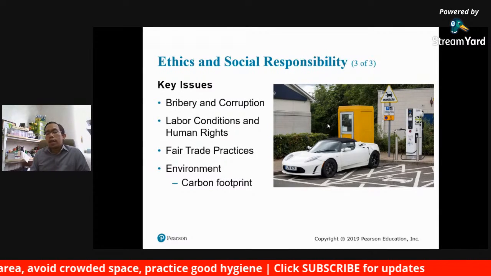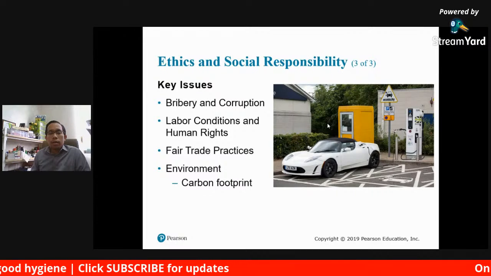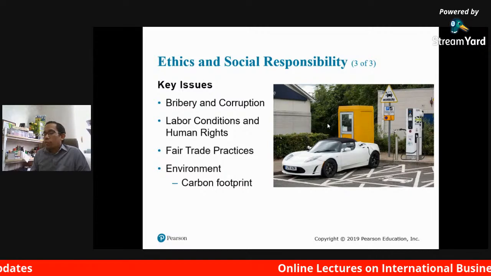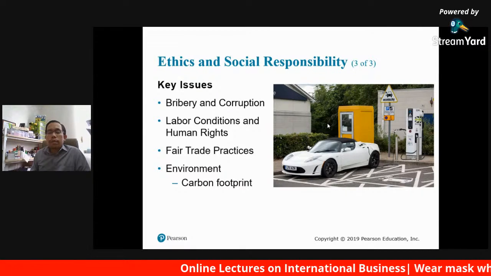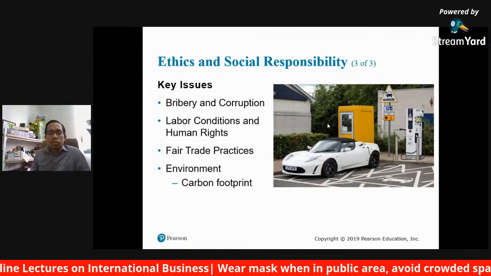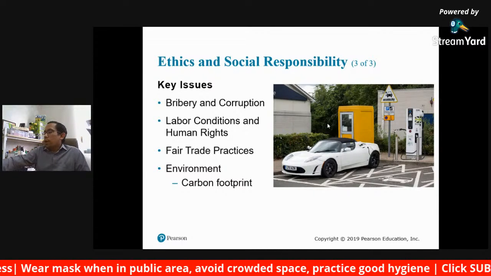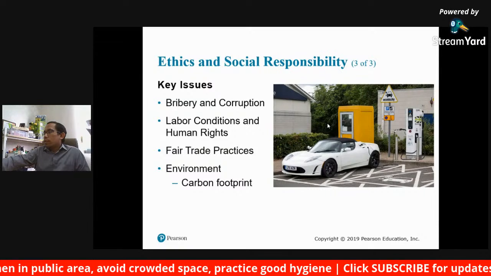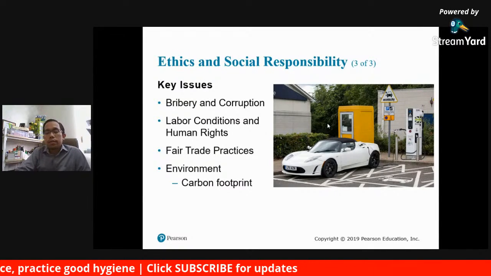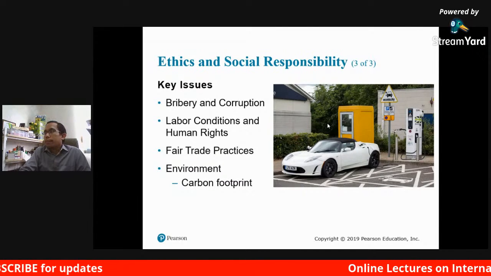The last issue that we highlight for today is the carbon footprint. Many companies right now are talking about green business operations. They want to reduce the possibility of polluting the environment.